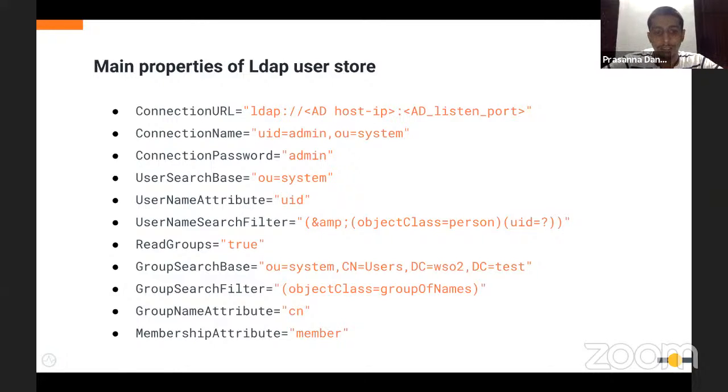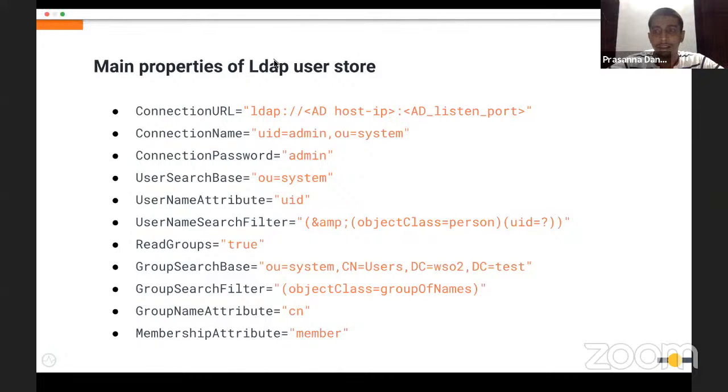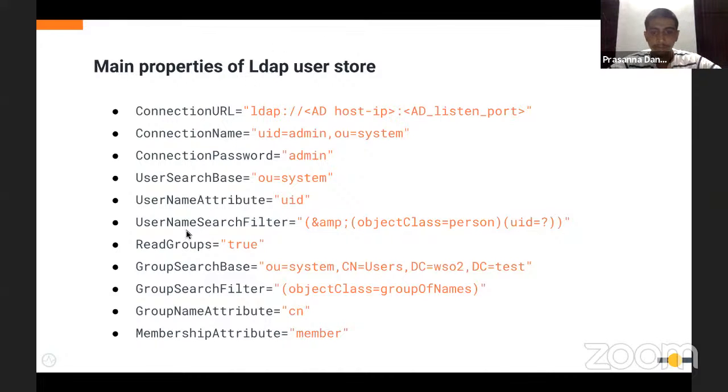And the search base is the place where you need to search these users, and that is the organization unit you put. The search attribute is the attribute that you identify users uniquely. In this case, we are using the UID as the unique attribute to identify the users uniquely.